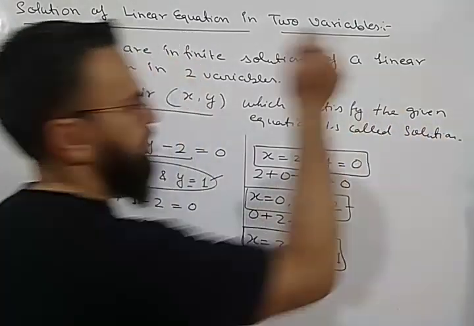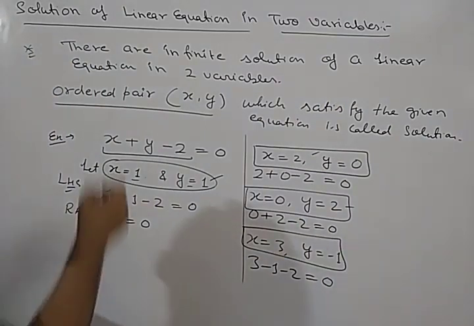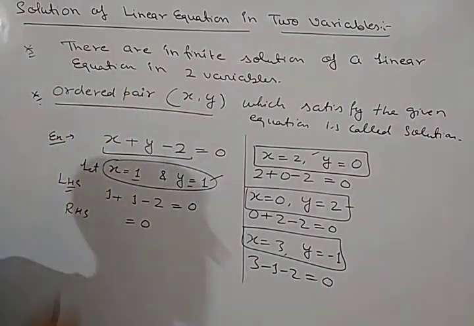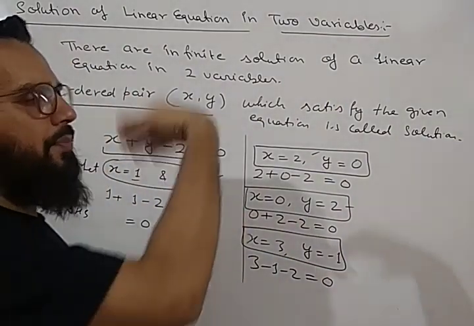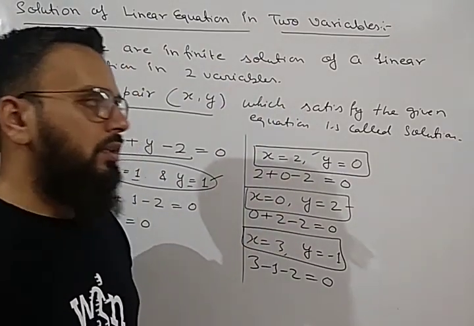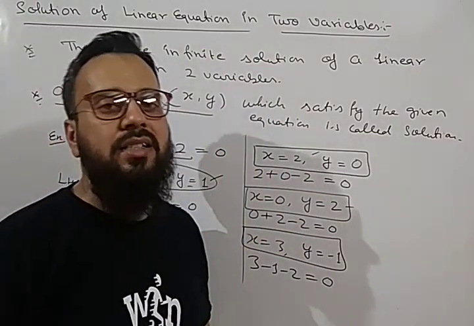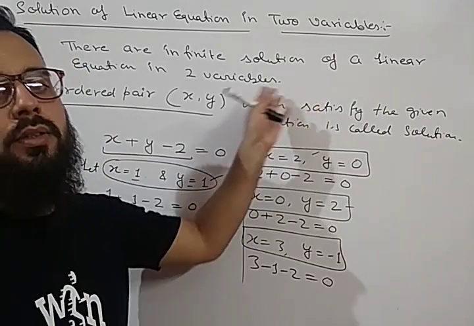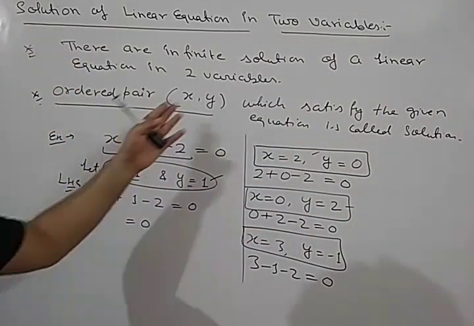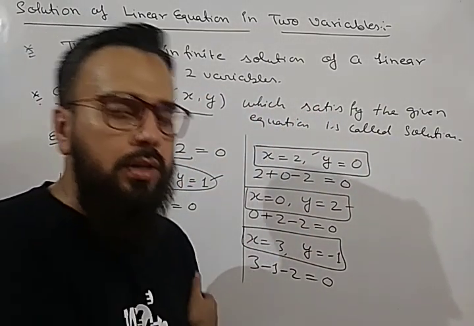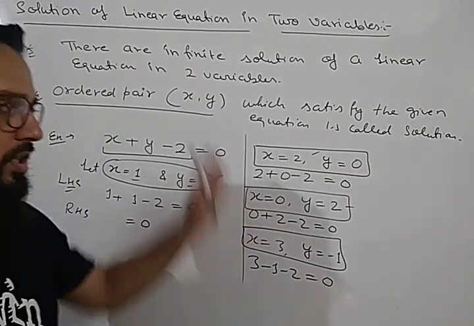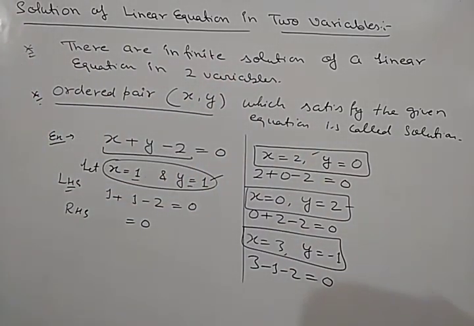This is another definition of solution. You can define it in terms of ordered pair also, or simply the previous definition which I already told you, the values of x and y which satisfy the linear equation are called solution, or we can say the ordered pair which satisfies the given equation is called solution. Okay, so this is the meaning of solution of linear equation in two variables.